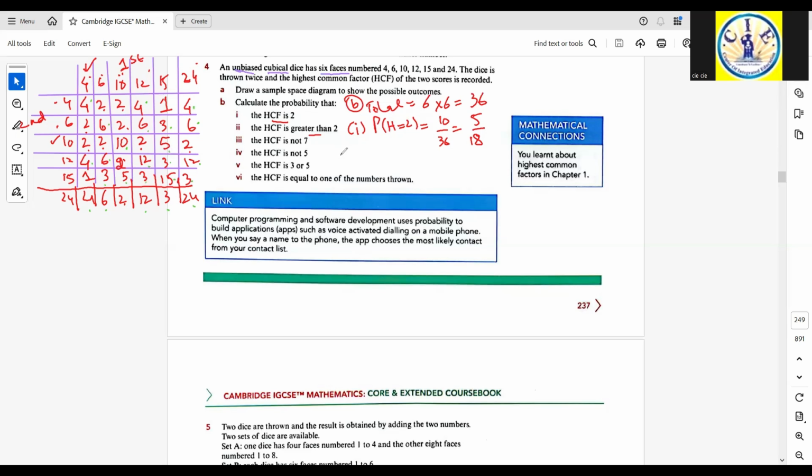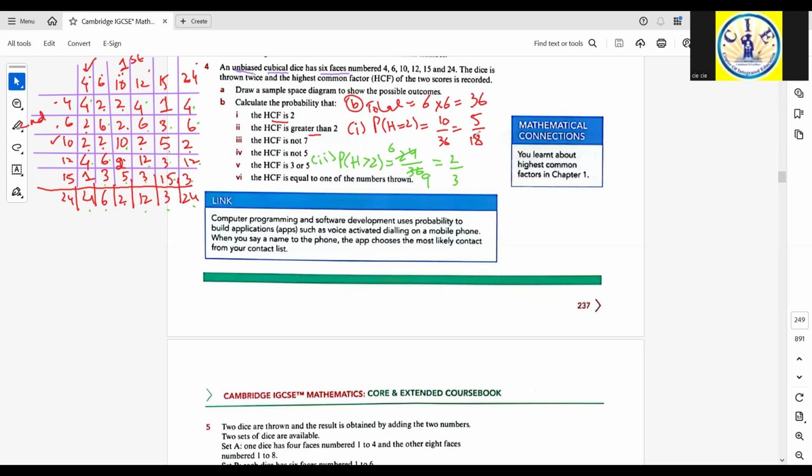So second part, probability that HCF is greater than 2, that is 24 divided by 36. 4 6s are 24, 4 9s are 36, and 3 2s are 6, 3 3s are 9. So 2 by 3 is the answer to part 2.